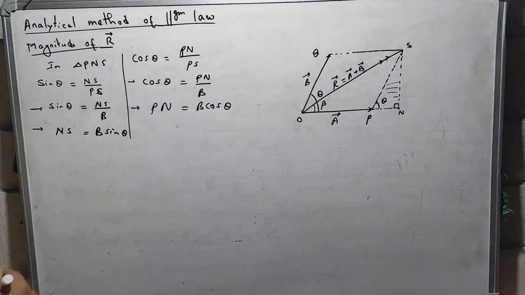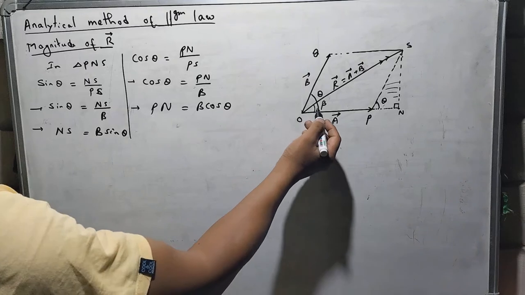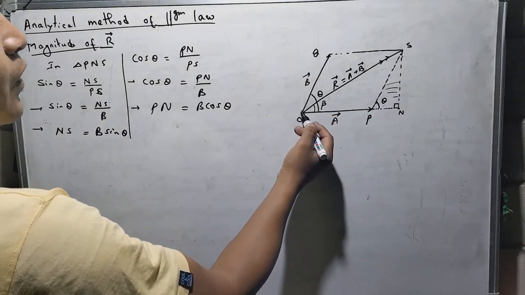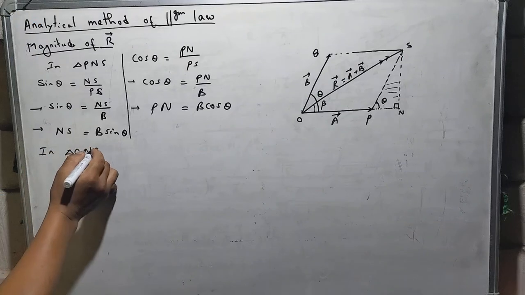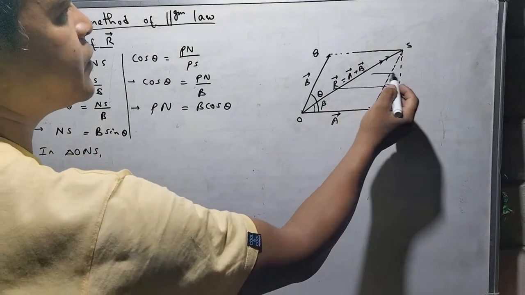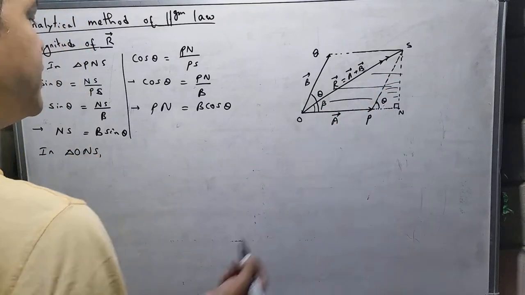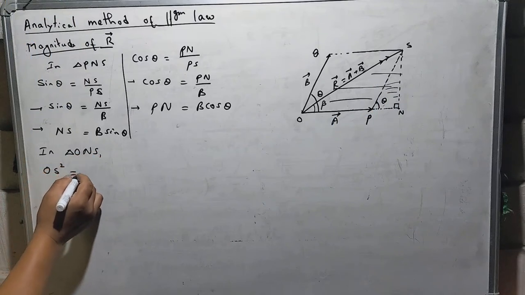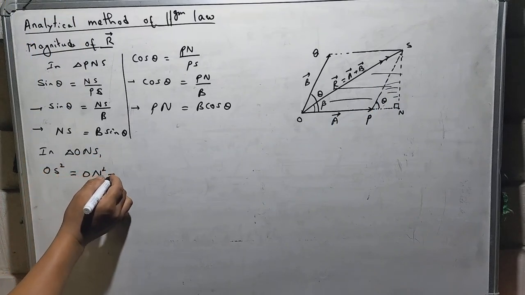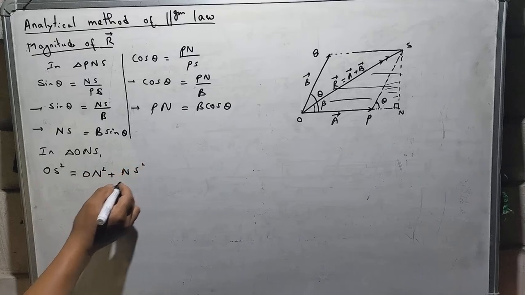Then, in the right angle triangle ONS, OS is the hypotenuse. Therefore, OS square is equal to ON square plus NS square.